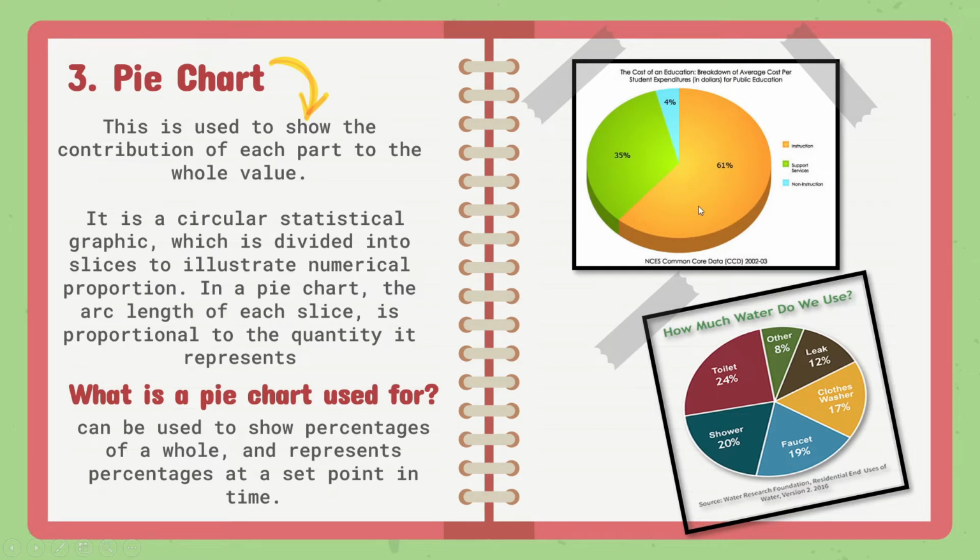For example, the 61% that falls to instruction, the slice of that pie is very big compared to 35% and 4%. It cannot be that it is 35% but the illustration on the pie graph is bigger than the 61%. Now, the fourth one, we have the bar chart.